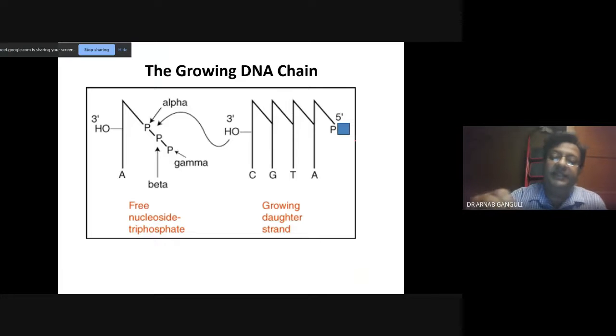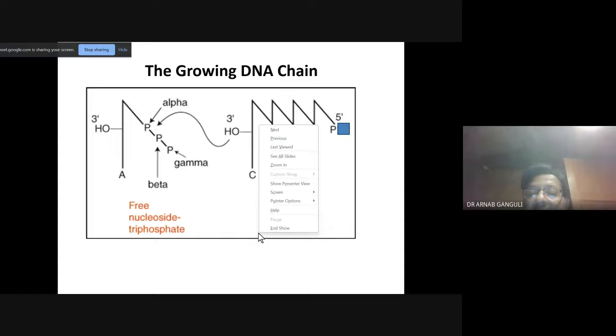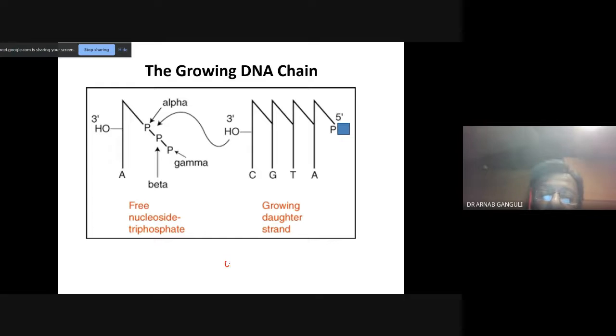DNA replication takes place when the cell divides.